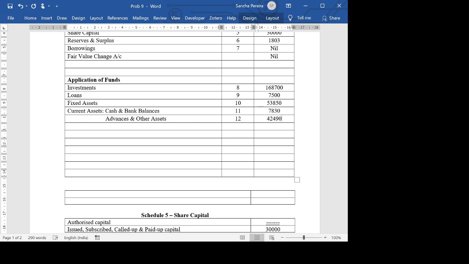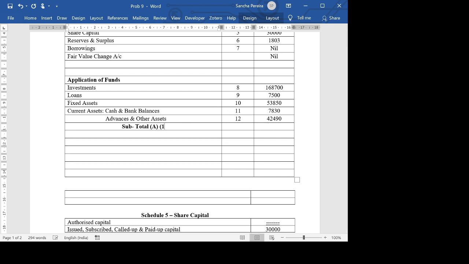Next we calculate the subtotal, that is the total of current assets only. We get something called subtotal A, which is basically your 11 plus 12.